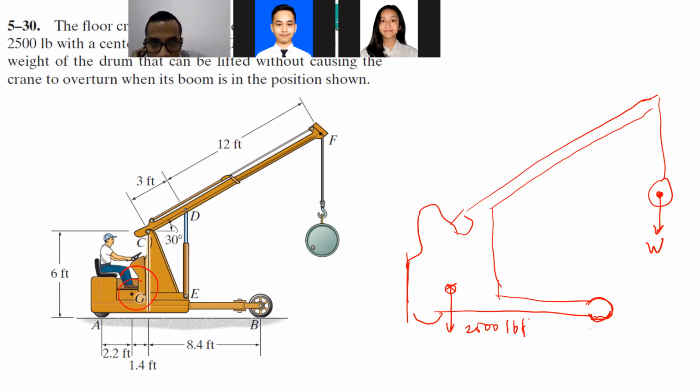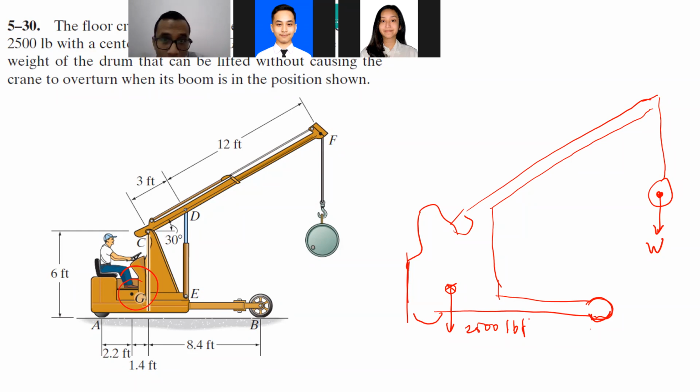What else are we supposed to draw as external force, Audrey? At A and at B, there are wheels, right? On the wheels, normally we will have what, Audrey? Is it friction force?